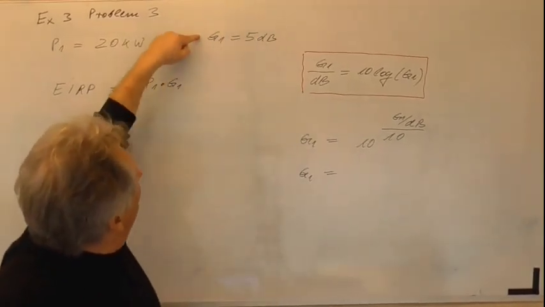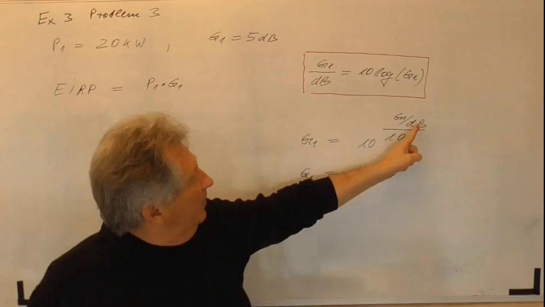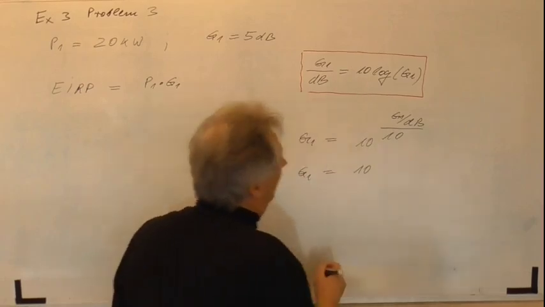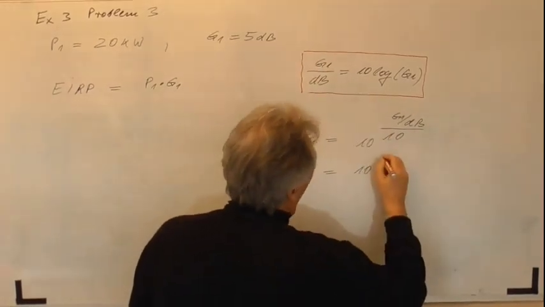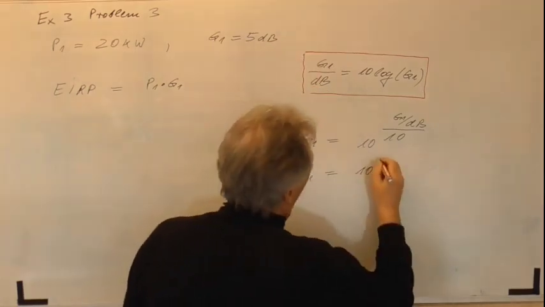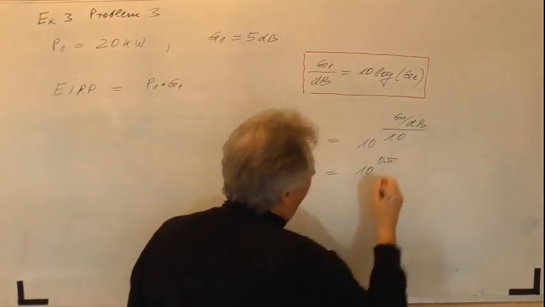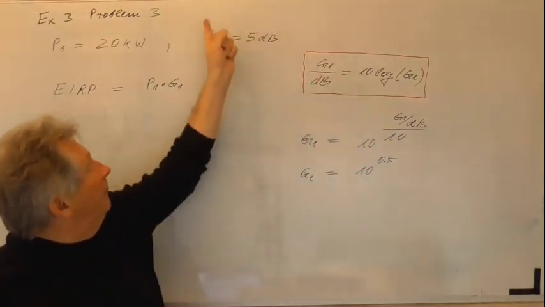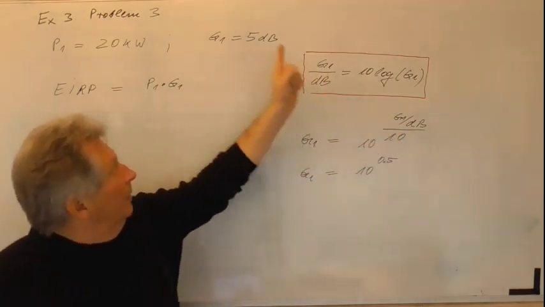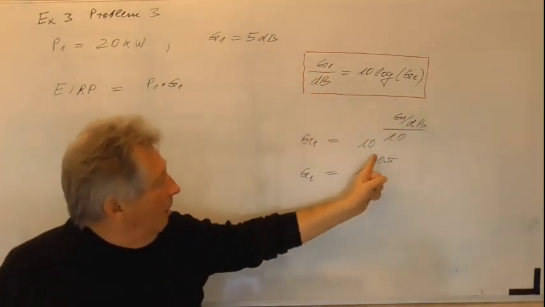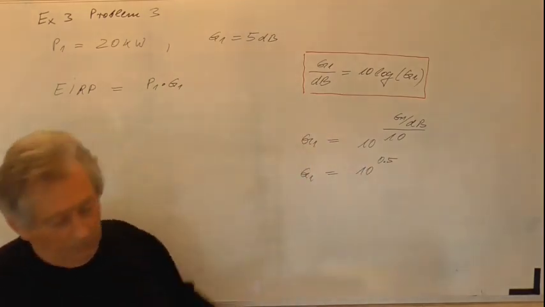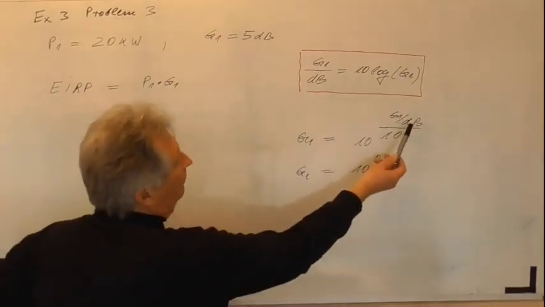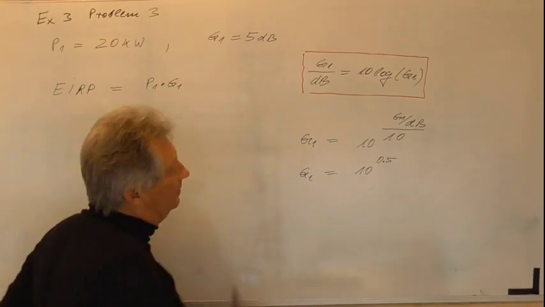If I insert G1 in dB, then the dB will cancel, and we have just 10 to the power of 5 divided by 10, or 0.5. This works only if I have G1 in the dB scale, then it will cancel and you can take the power of just the number. Otherwise it wouldn't work. This is in principle the equation for how you come from the dB scale into the linear scale.